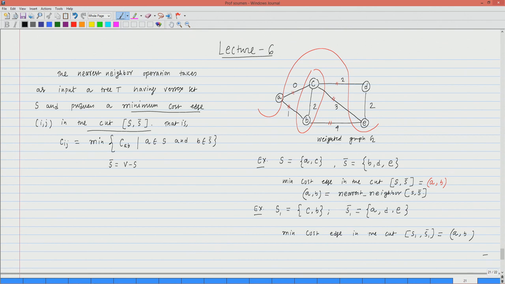Or the other way of writing this is, you just write the set of vertices in the tree T, that is, the set of vertices of tree T is S. Okay.